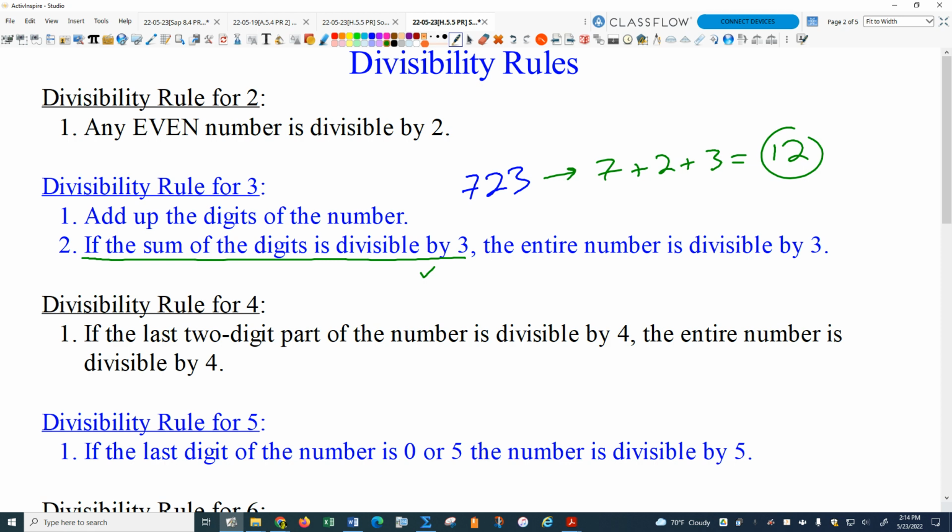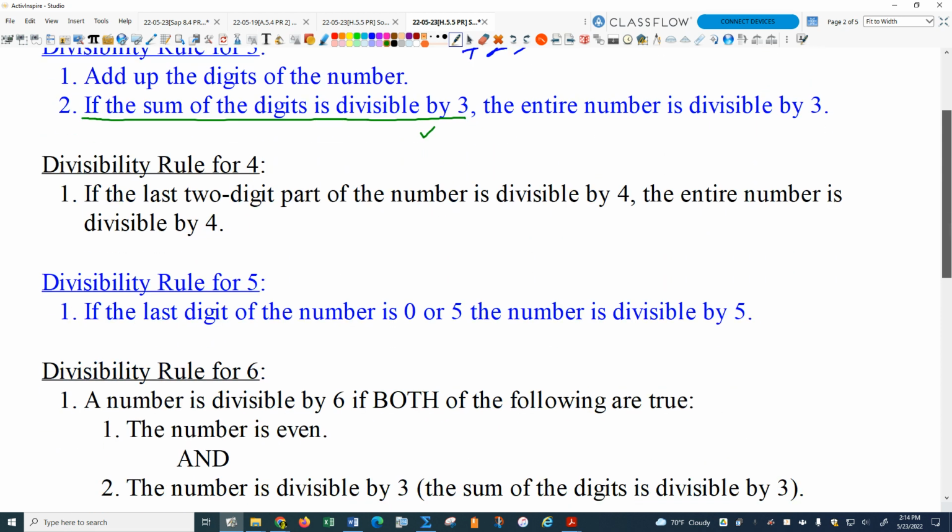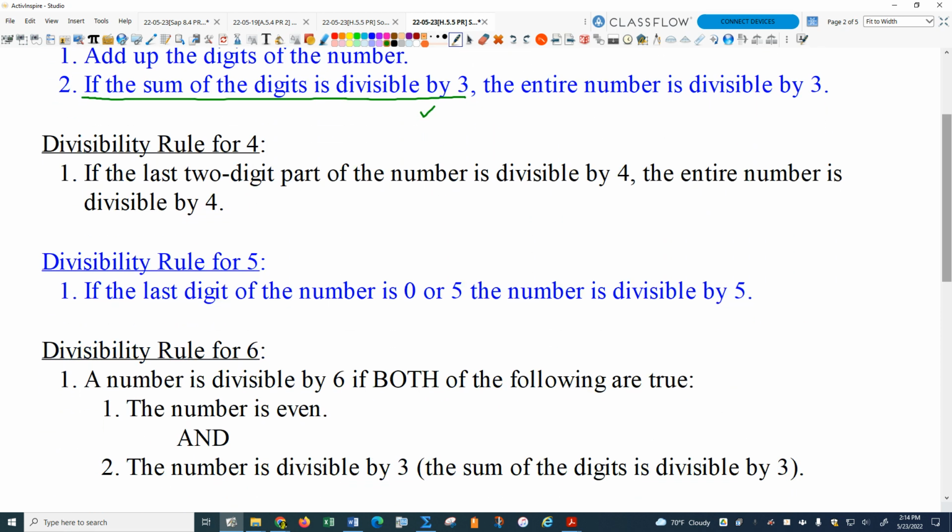For 4, all you have to do is just look at the last 2 digits of the number. That's it. So, for example, if I had a really big number, because 24 is divisible by 4, the whole number is, right?